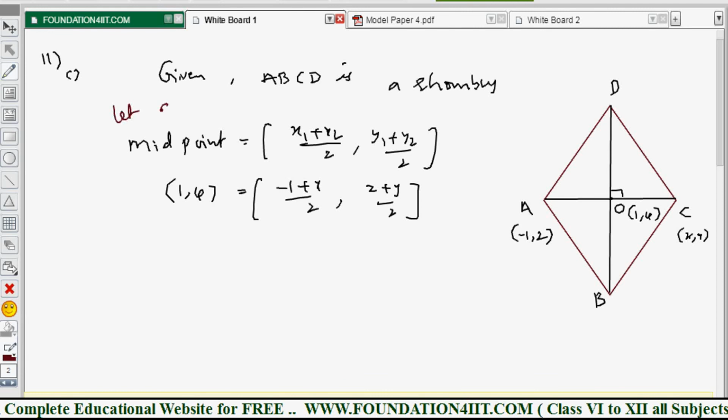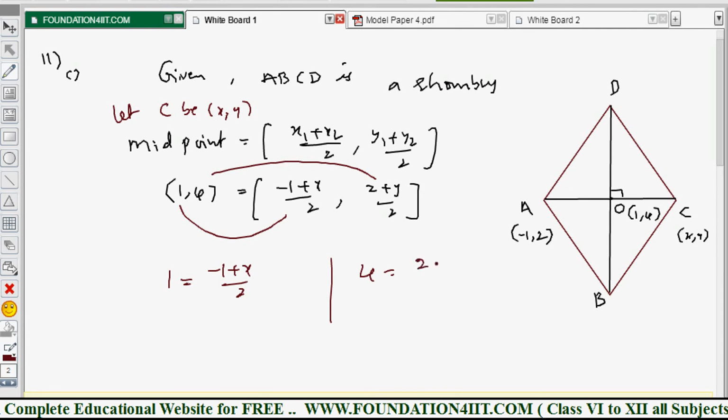Let C be the coordinate (x, y). So first is equal to first: 1 is equal to (minus 1 plus x) by 2. And second: 4 is equal to (2 plus y) divided by 2.